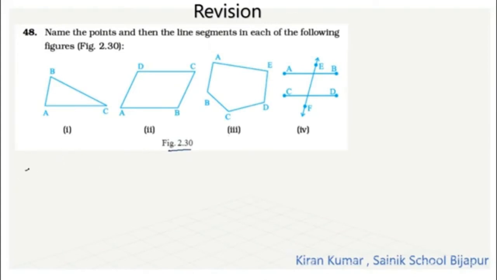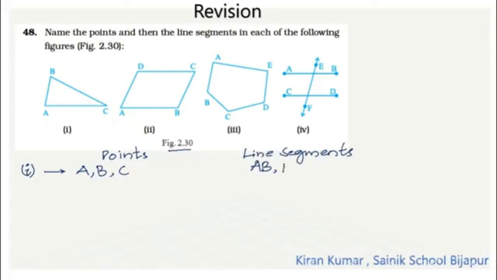In the first one we have got the points as A, B and C, and the line segments are line segment AB, BC and CA.